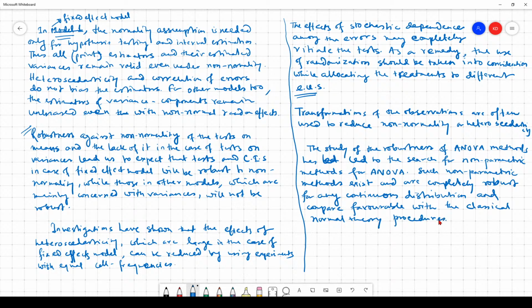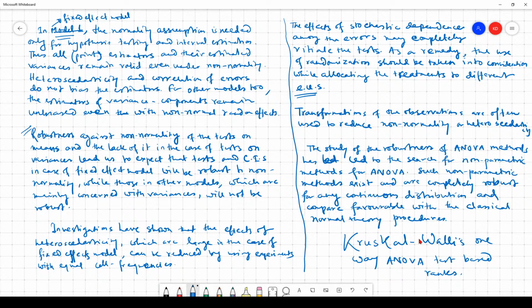The name of this non-parametric method is the Kruskal-Wallis one-way analysis of variance, and it is based on ranks.